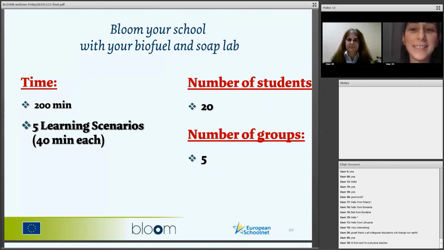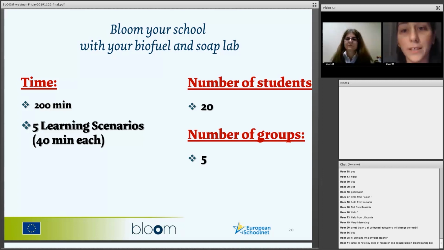The time was basically 200 minutes, which was 5 activities, each one with a 40 minute duration. The total number of students was 20, and they were split into 5 groups because they were working collaboratively.